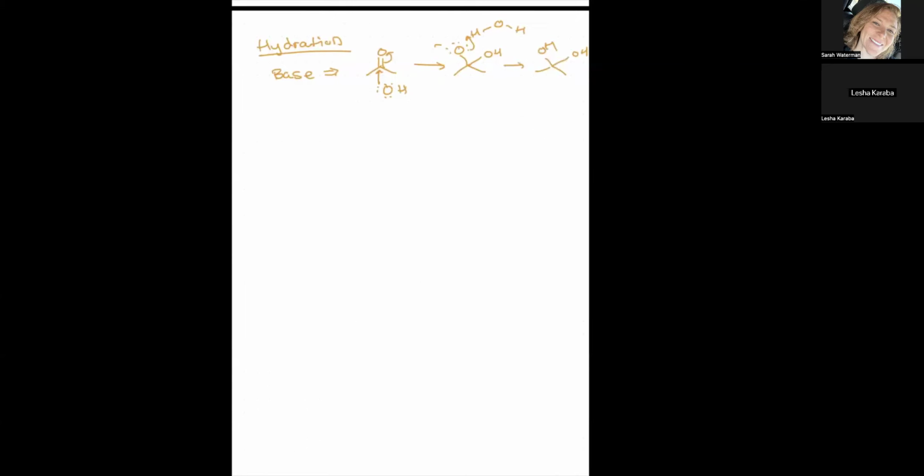Versus our acidic conditions, so basic conditions attack directly, whereas our acidic conditions have to protonate first. Well, I guess if I do it like this.